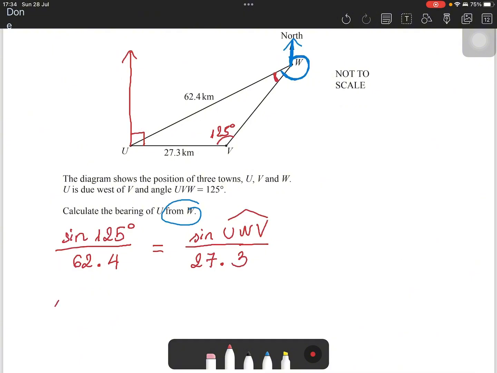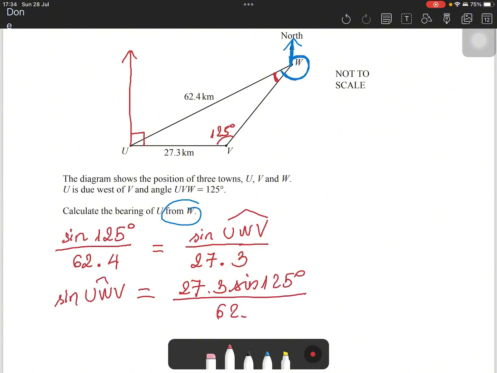From this, we can find sin UWV by multiplying 27.3 by sin 125 degrees over 62.4.